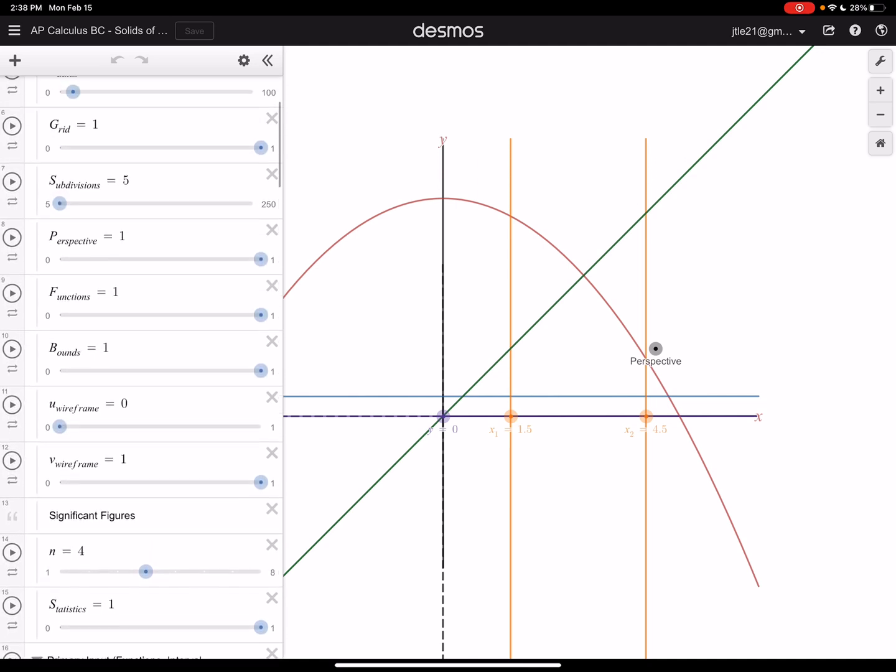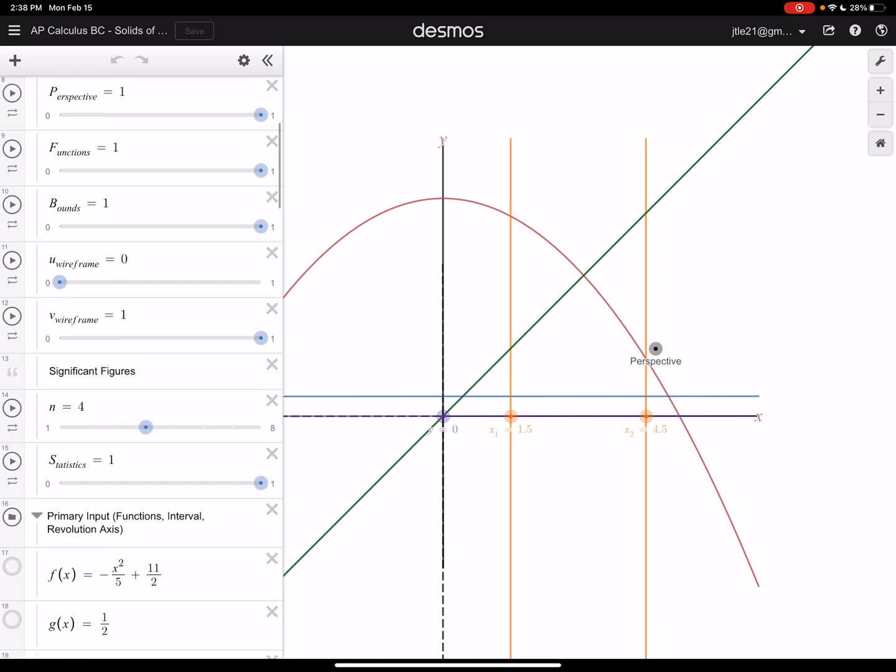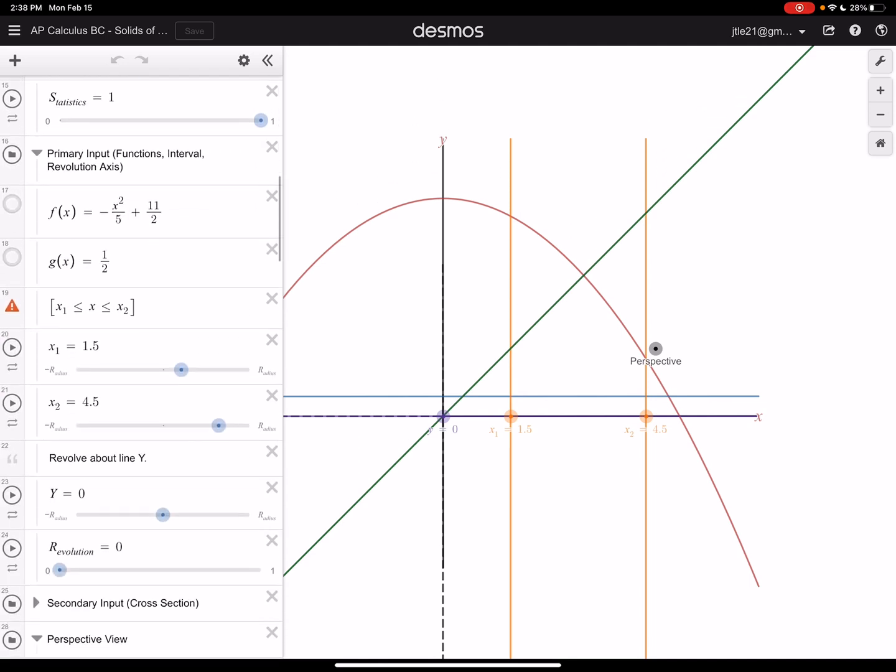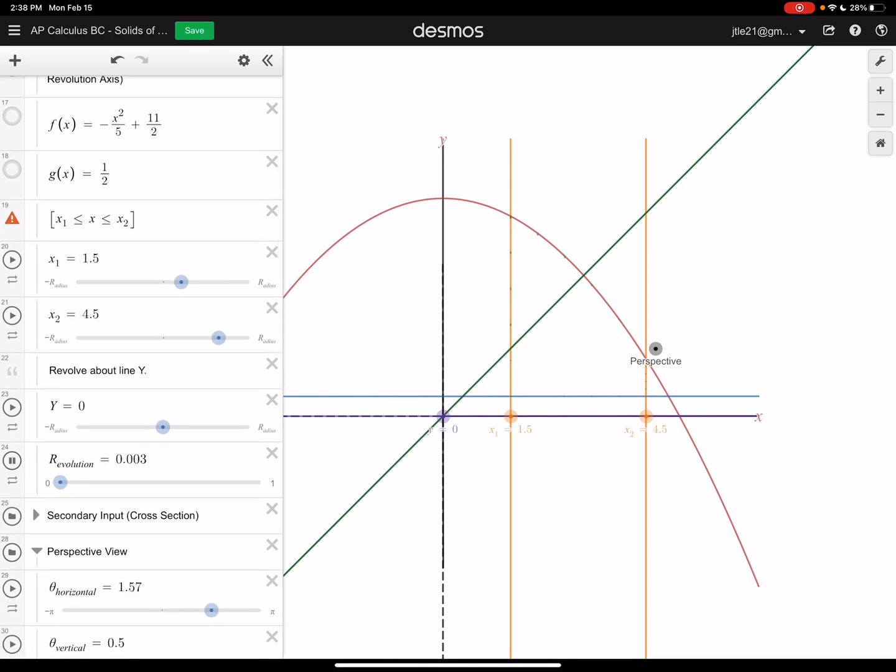Okay, so here you see this red parabola upside down. And then you have these two orange bars, which is where we're going to start and stop, okay? What we're going to do here is create rectangles, right? So what's happening here, from what you can see so far, is we're creating, I believe, 5 sub-intervals, okay?